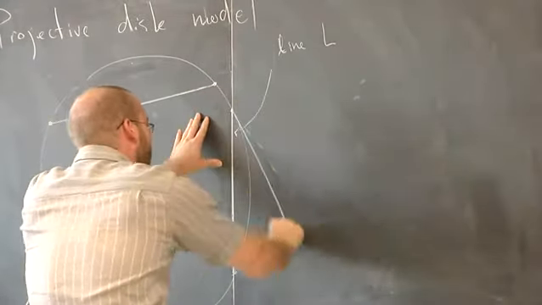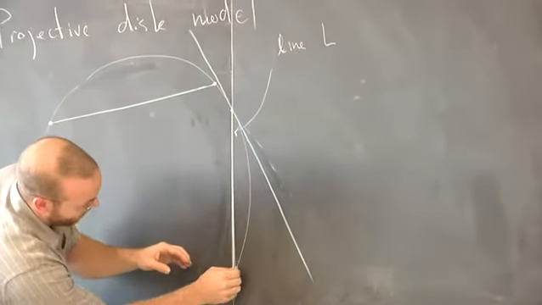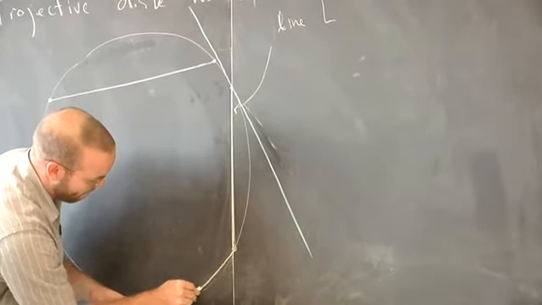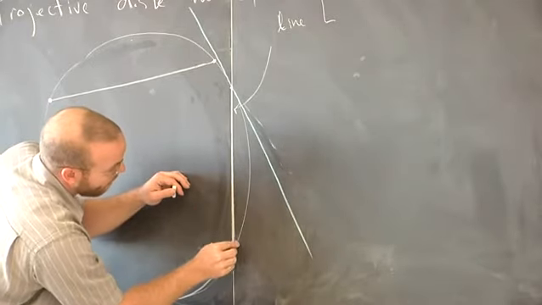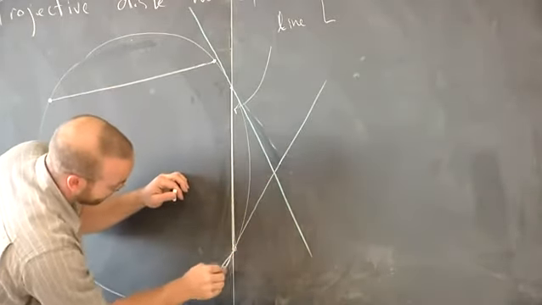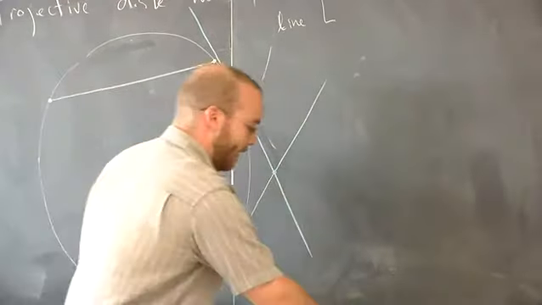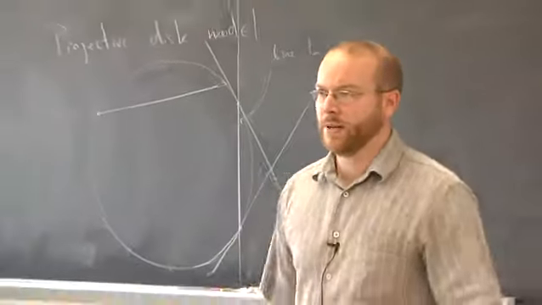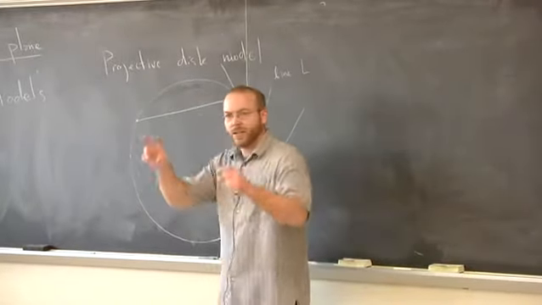So we draw our wonderful tangent lines that we've known and loved since calculus. And there'll be an intersection point right here. This point is outside our space. It's beyond infinity. Okay? The circle is infinity.